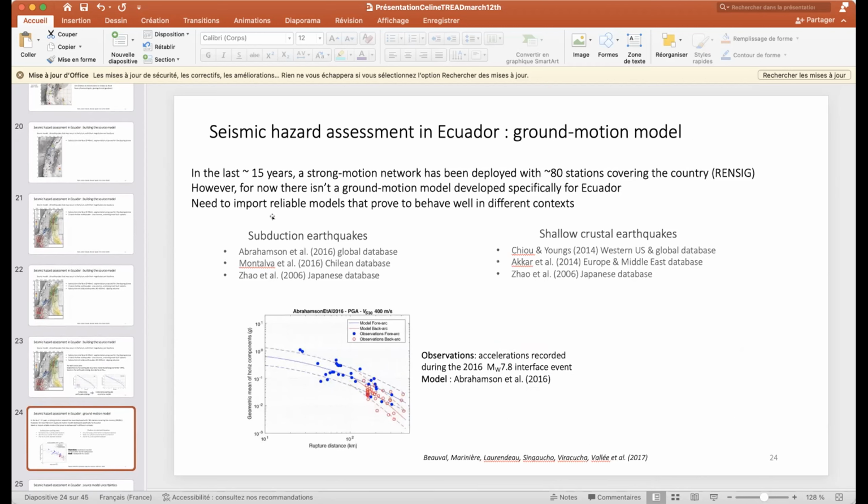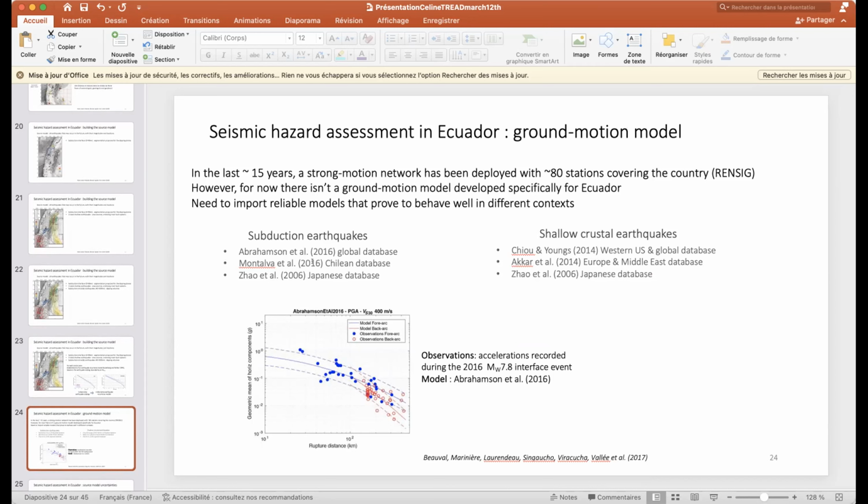And as an attempt to capture the epistemic uncertainty on the prediction of ground motions, for each earthquake type, we selected 3 alternative models relying on different databases. To predict ground motions generated by subduction events, we selected the most recent global model at that time, as well as a model from Chile and one from Japan.